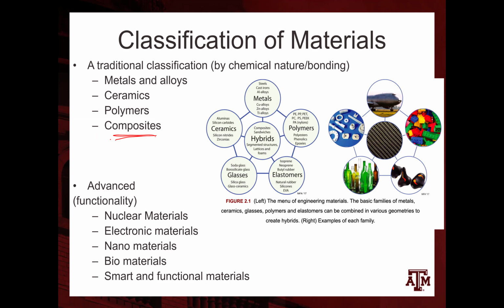And this traditional classification is still in use because it makes the connection clear between the structure and properties, because the different types of bonding in those materials will lead to similarity in the physical properties within the same family and some deviation from one family to another.